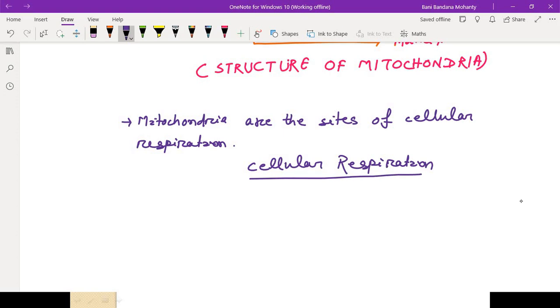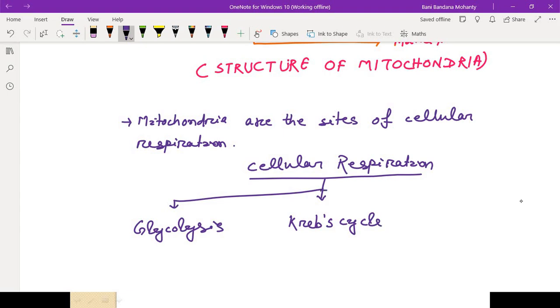One is glycolysis. The second one is the Krebs cycle or citric acid cycle. The third one is ETC, electron transport chain.